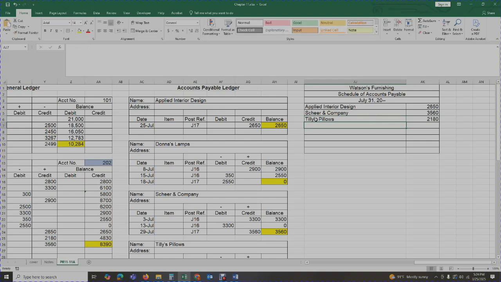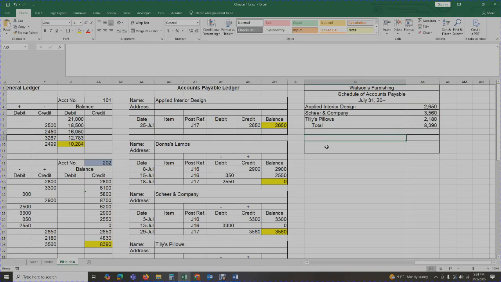Okay. So my total that I owe my suppliers, let's see what it is. It's $8,390. Let me put commas on these. Okay. So we owe our suppliers $8,390.